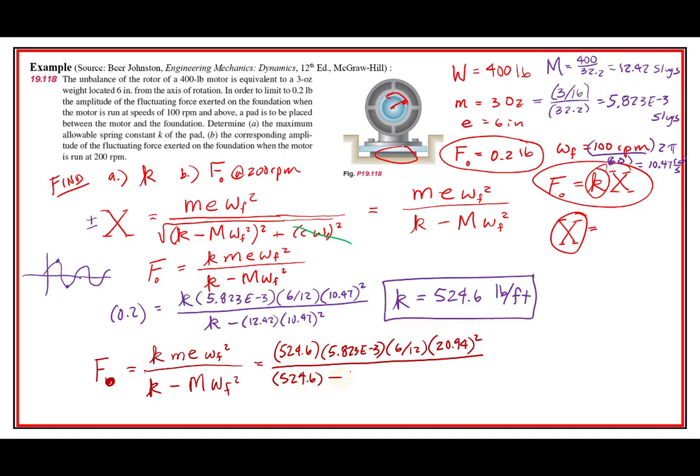Sure. And then we have our 12.42, 20.94 squared right here. Make sure that it's not negative. A lot of times I will write the absolute value in the denominator because that's the thing that'll drive it to make it negative. And we get 0.1361 pounds, which is the correct answer that got transmitted through the foundation.